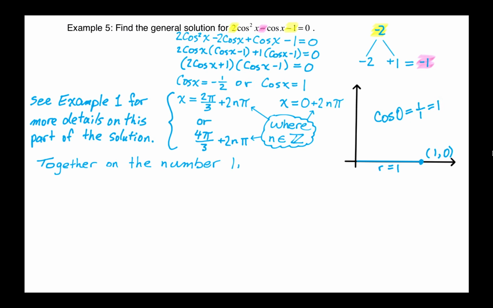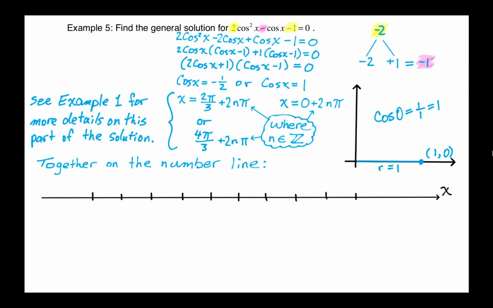So again, together on the number line, this is what it looks like. So we've got 0 and 2 pi and 4 pi and 6 pi. That's part of it. We also have 2 pi over 3 plus 2 pi plus 2 pi plus 2 pi.